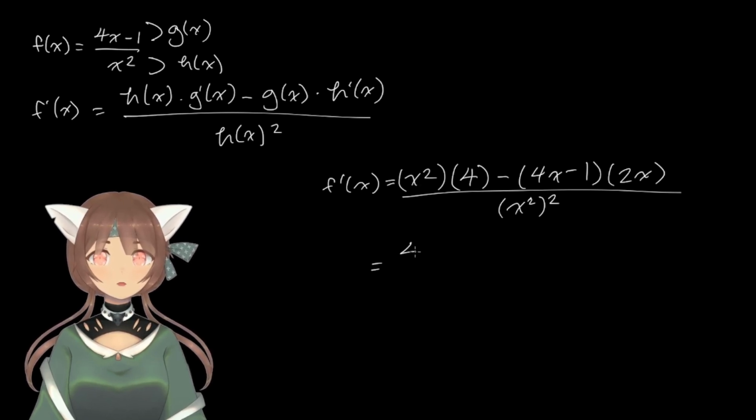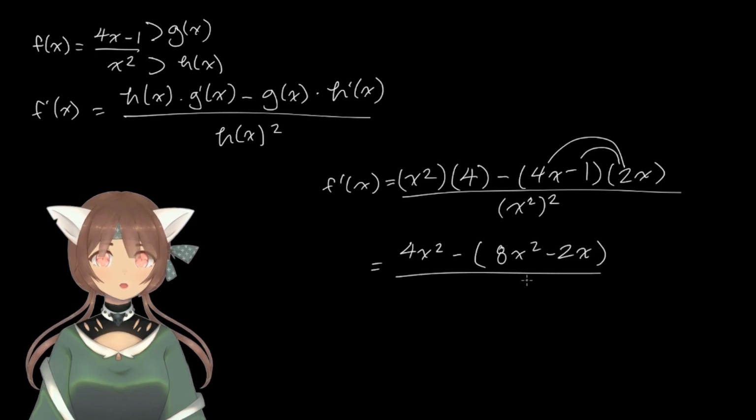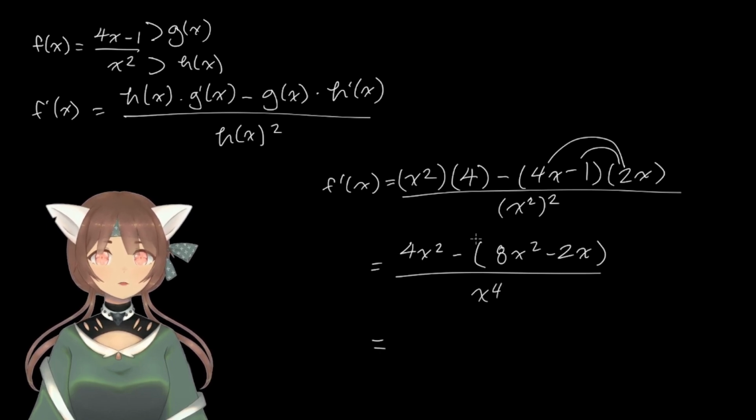X squared times 4 is 4x squared, minus 4x minus 1 times 2x. Let's distribute that. So that becomes 8x squared minus 2x over x to the 4th. And then finally, remember to distribute the negative sign.